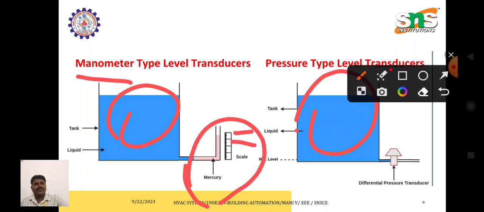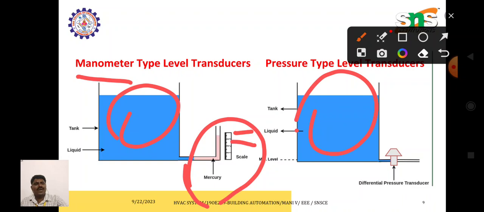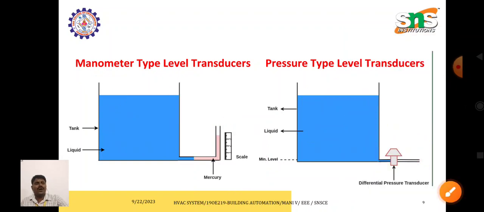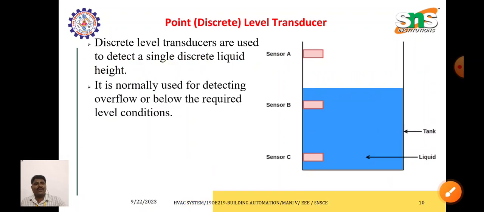If it is differential, we fix a differential pressure transducer. The pressure created across the transducer is compared with atmospheric pressure. We compare the two pressures, and after that it gives the level of the water.